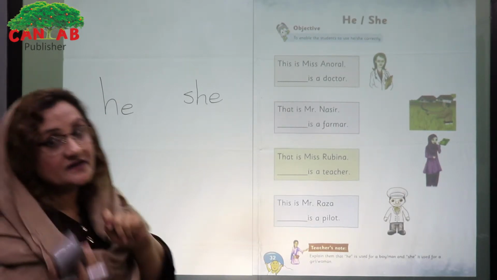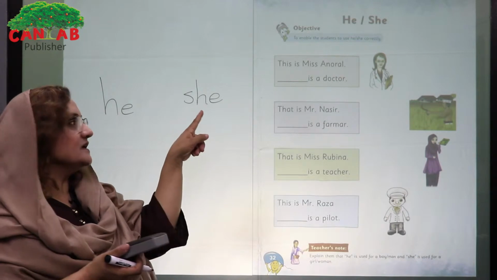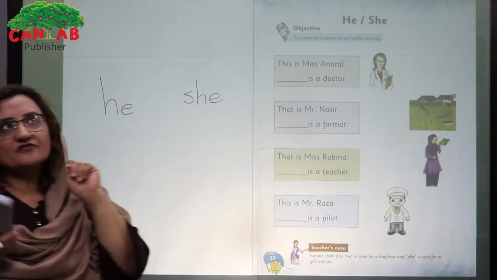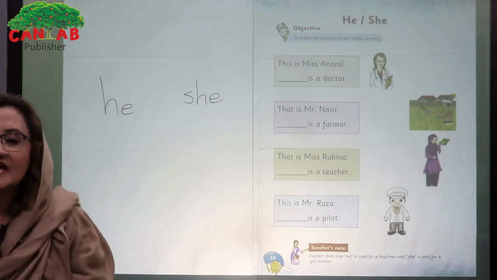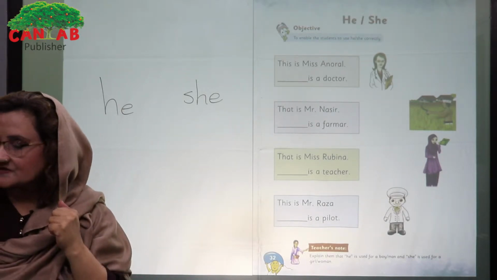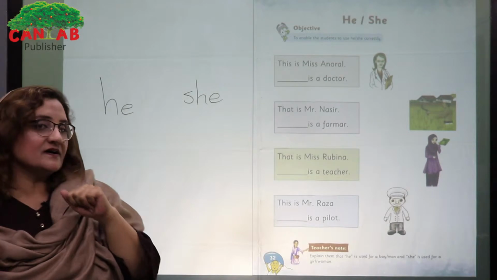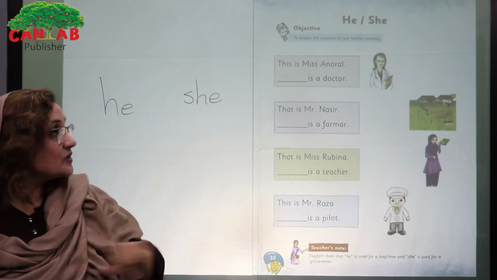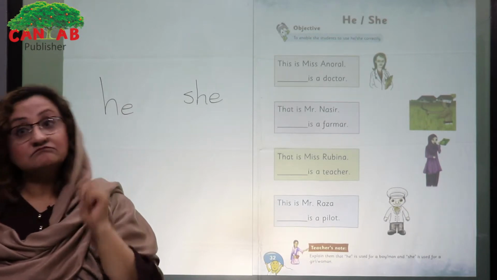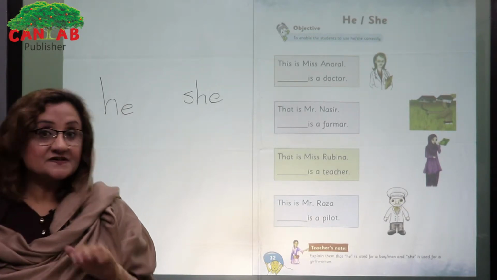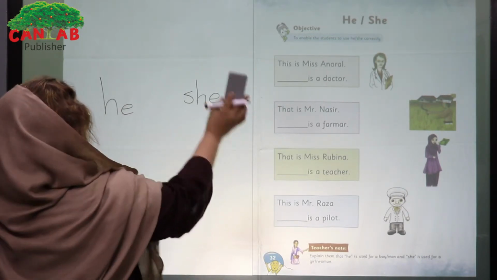And if you are a girl, you are going to use the word she. Now, if you are a boy and you use the word he, kindly stand up. Good. Now, if you are a girl and you use the word she, kindly stand up. That's good. Sit down. Very good.